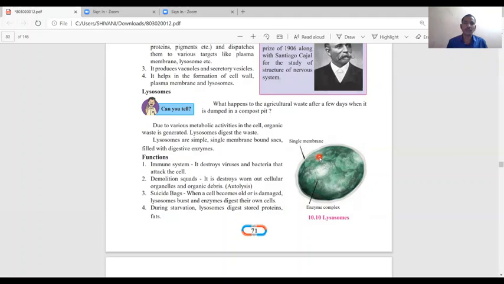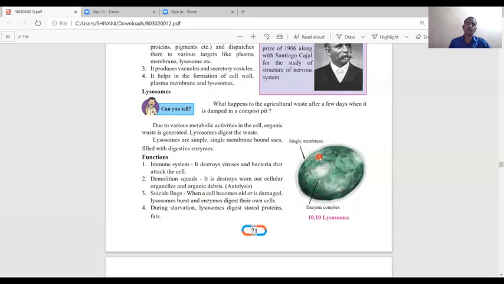Lysosomes are simple single membrane bound sacs filled with digestive enzymes. A lysosome digests organic waste material generated in the cell.